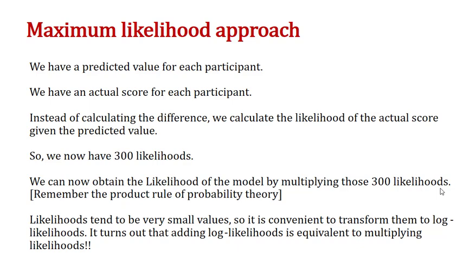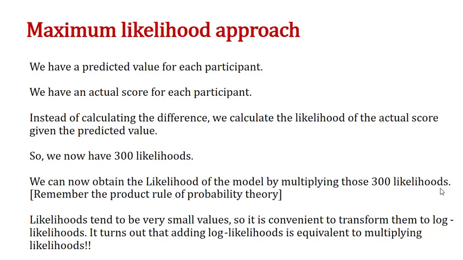But typically the values are low, and when you multiply values lower than 1, you get even lower numbers. So sometimes dealing with the likelihoods is complicated because they are very, very low numbers. When you multiply 300 likelihoods, the number could be very, very small.